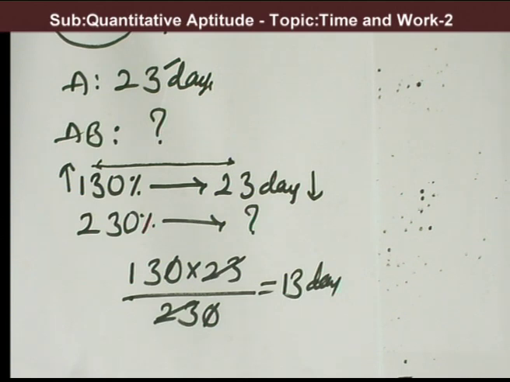One is A is twice as much as B, B is thrice as much as C. That means the capacities are in ratios, like 1:2, 2:1, 3:2, twice, thrice, 4 times. And the other capacity is in percentages, 30% more, 60% more. 30% more means 130% is one person's capacity, 60% more means 160%.